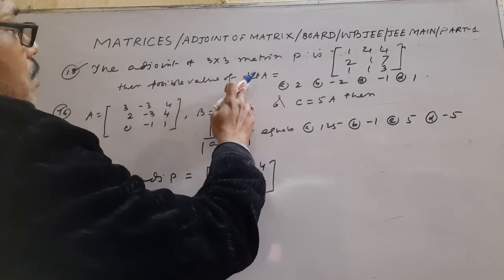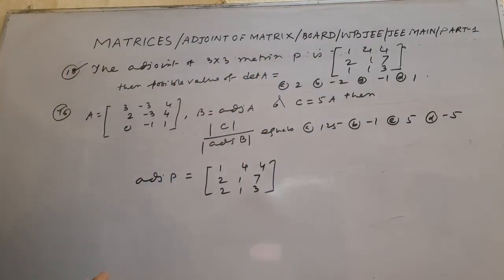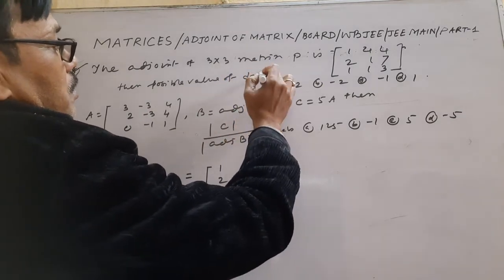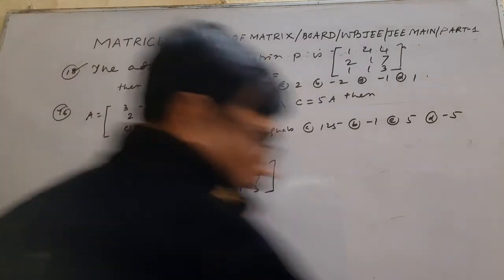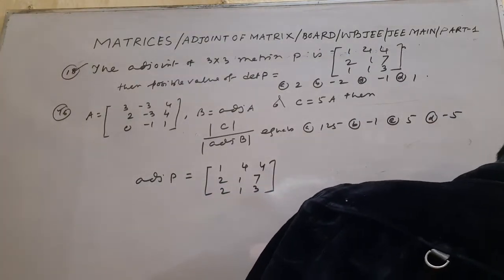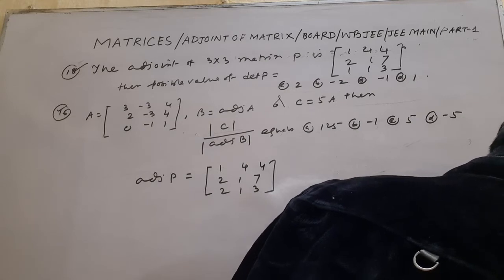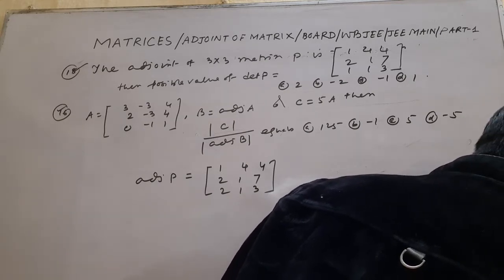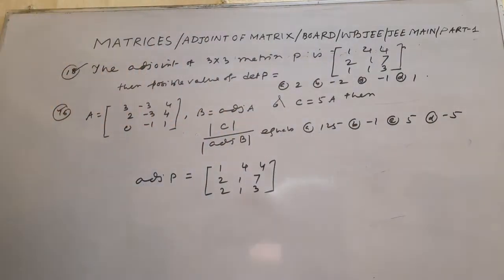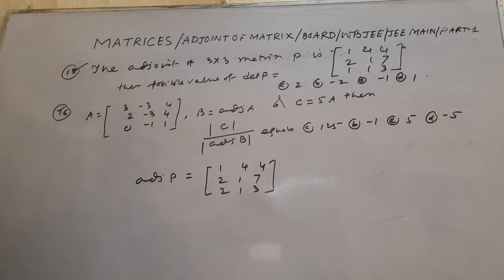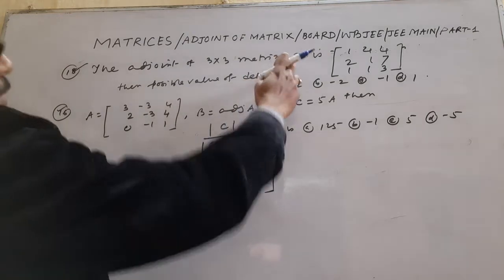Then possible value of determinant P is this. So adjoint of P equals to this.